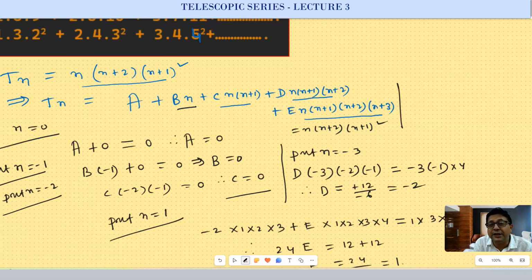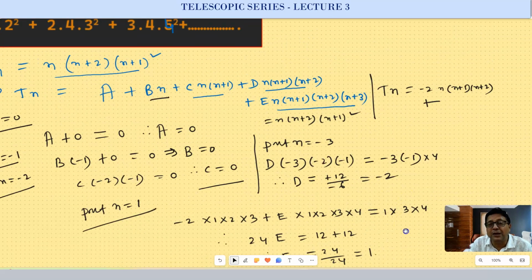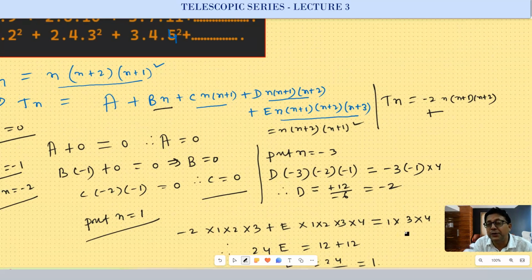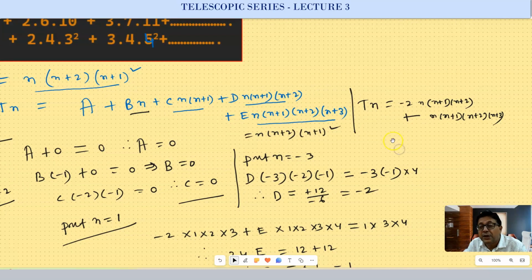So this Tn we can now write as minus 2 n plus 1, n plus 2, plus E. E's value is 1. So 1 into n plus 1, n plus 2, n plus 3. You all understand? So Tn we got here.